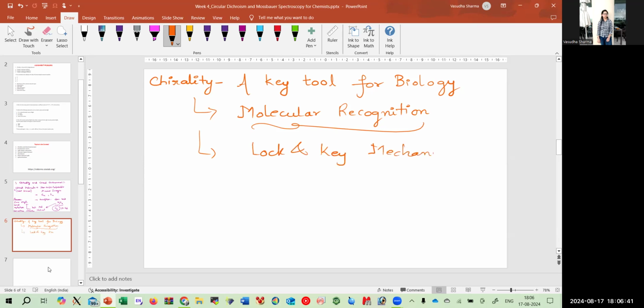Like there is one key for one lock. Similarly, a molecule having chirality can only be recognized in one chiral environment. So it helps in molecular recognition. How can it be detected? It can be detected only by a chiral environment.